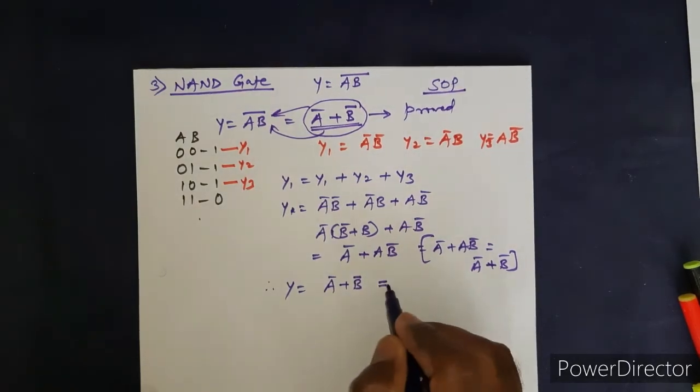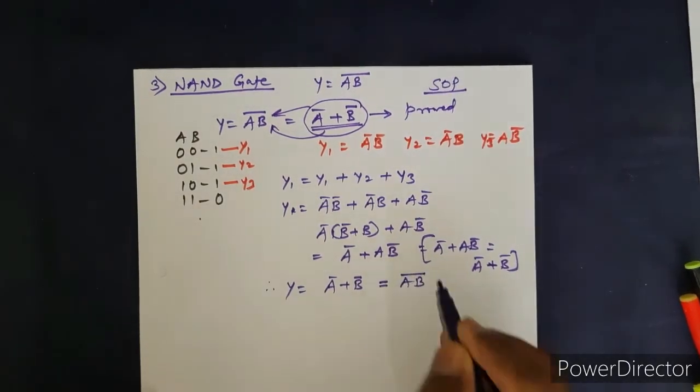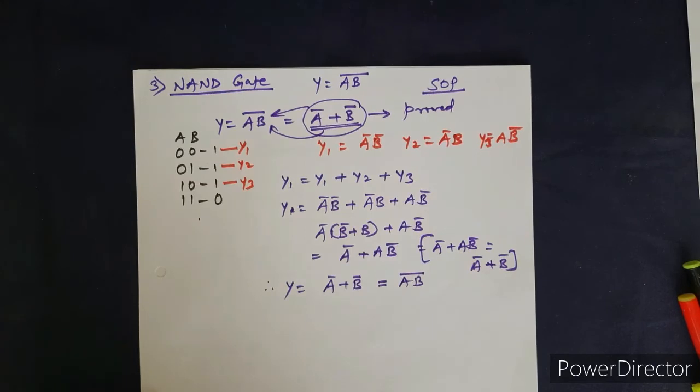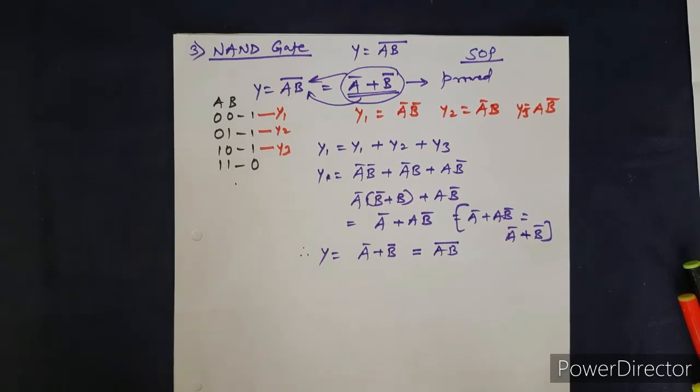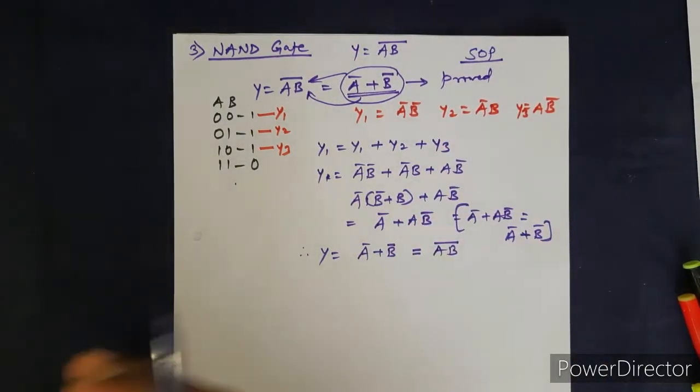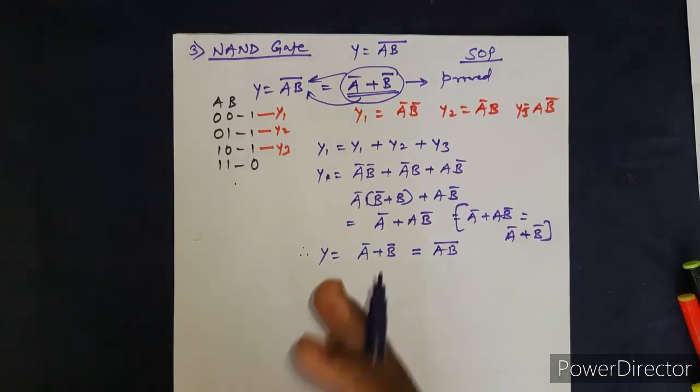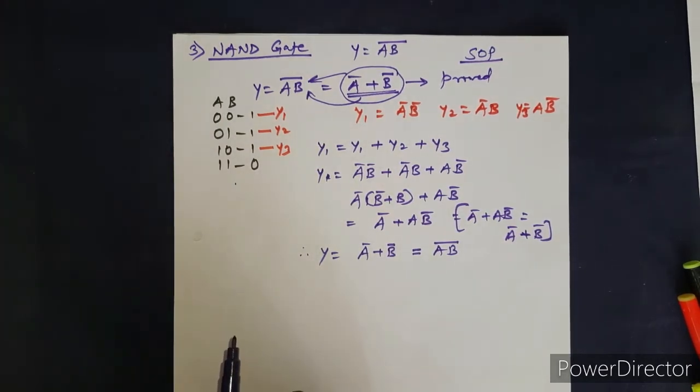Okay, so this is as good as a b whole bar, right? I am just trying to show you how these concepts are correlated. We did not even imagine that with this concept we can prove the equations of different gates.